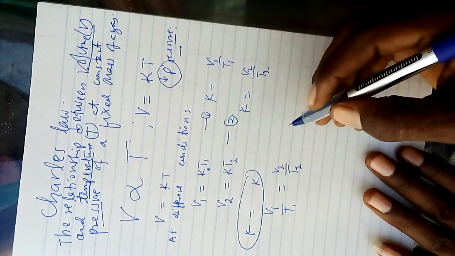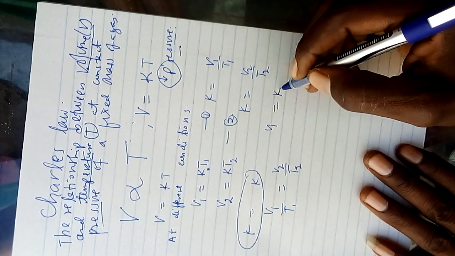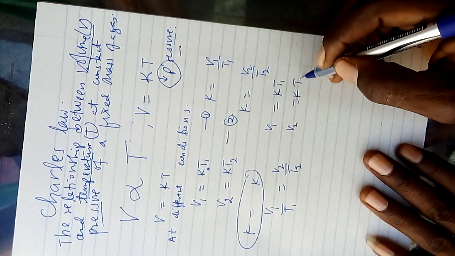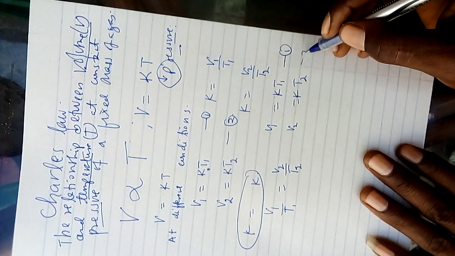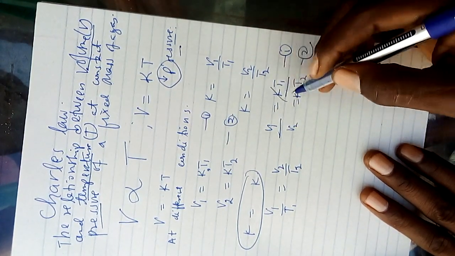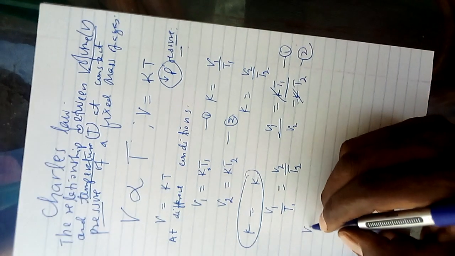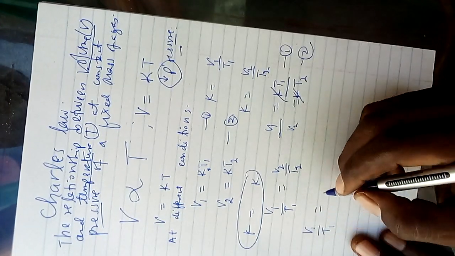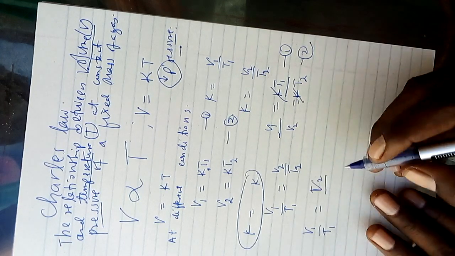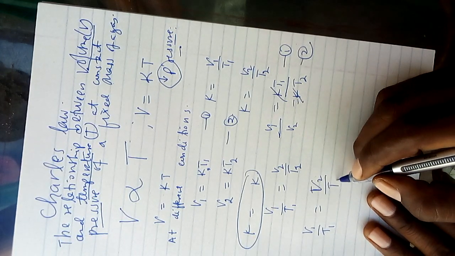In other words, you could take V1 is equal to K T1 and V2 is equal to K T2. This is the first equation and this is the second equation. Finding the ratio of these 2 equations, K cancels out. It is therefore that we have V1 over T1 is equal to V2 over T2.